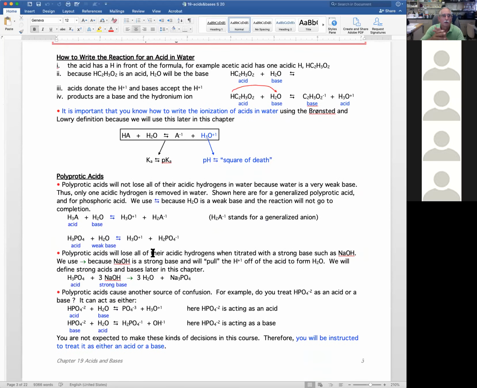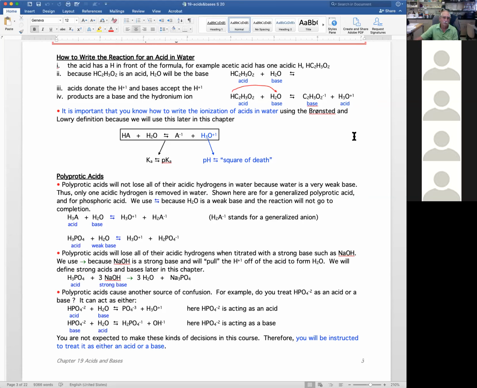So one of the most important things you need to be able to do is write the reaction for an acid and water. And so how do you do that? You write the equation. The acid is the acid, water has to be the base. And so by definition, hydrogen goes from the acid to the base, and then you just write what you have after that.